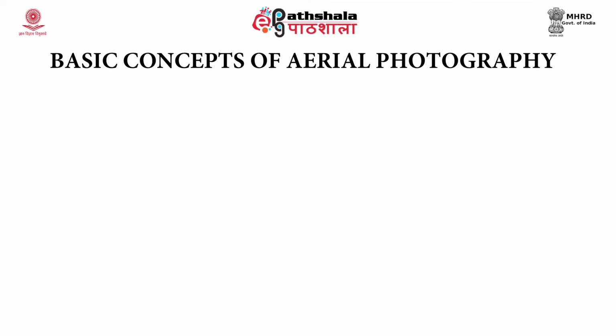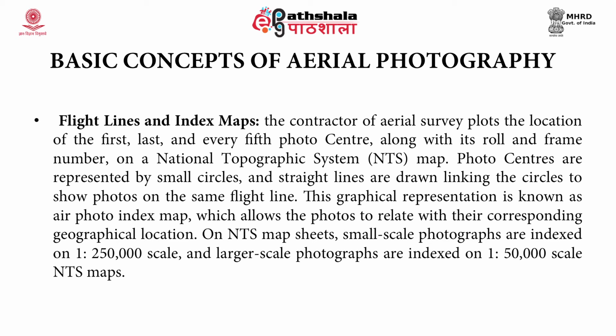The next concept is flight lines and index maps. The contractor of the aerial survey plots the location of the first, last, and every fifth photo center along with its roll and frame number on a national topographic system map. Photo centers are represented by small circles and straight lines are drawn linking the circles to show photos on the same flight line.